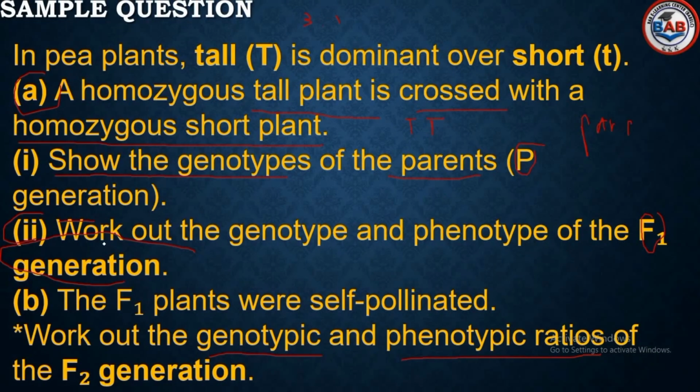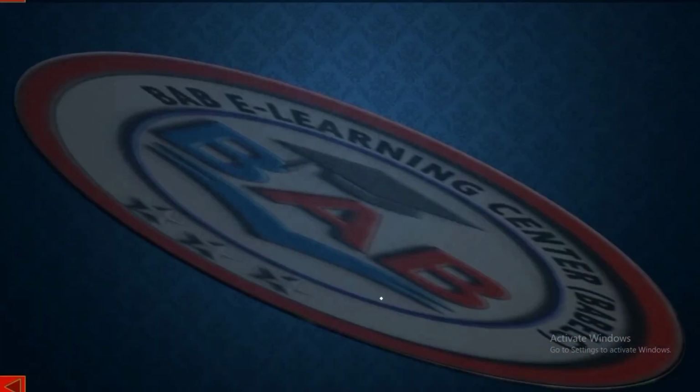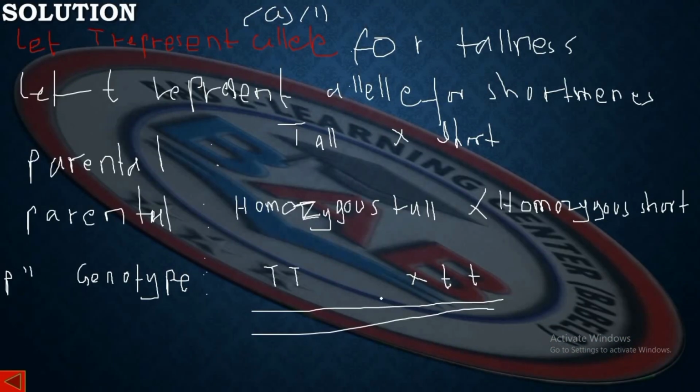We look at our Roman numeral 2. Work out the genotype and phenotype of the F1 generation. To obtain the F1 generation, we are going to cross the parents.